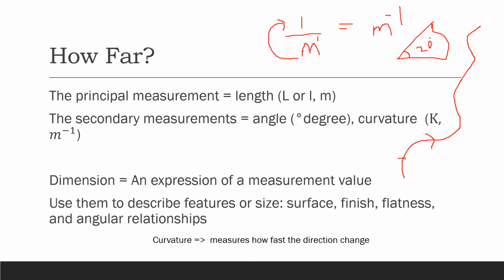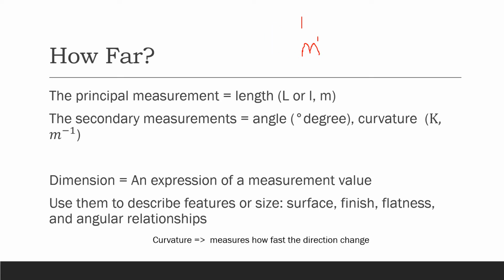Anyway, I don't need to get into too much detail. We use length as a principal measurement, and secondary is angle, for measuring the distance from one point to another. We use these two measurement systems.